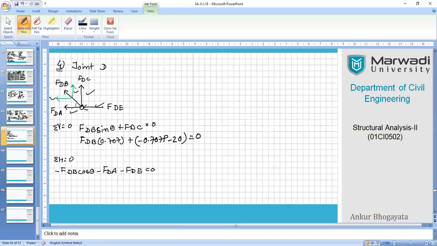You can send this term to the other side and divide it by 0.707, so this gets cancelled. However, this will become positive. Again, the other value will become positive. So this FDB should be like this. Okay, so that is here P. It will become positive since this side is positive, so we don't need to do anything on this. Plus 20 divided by 0.707. Okay, so that you calculate.